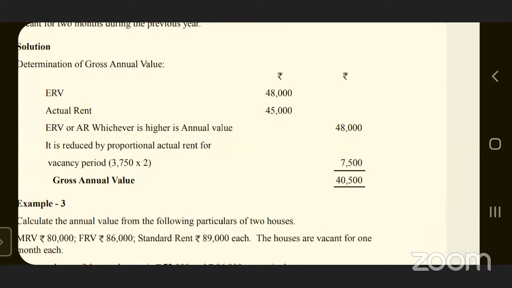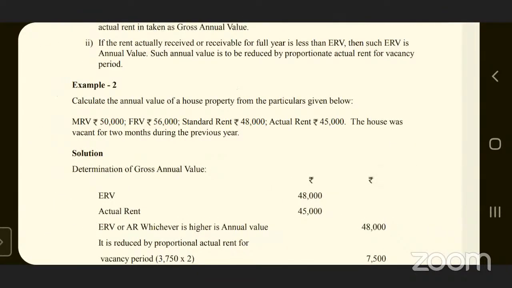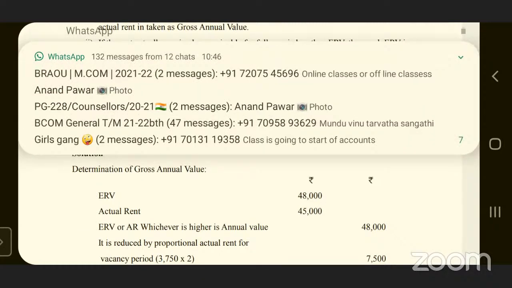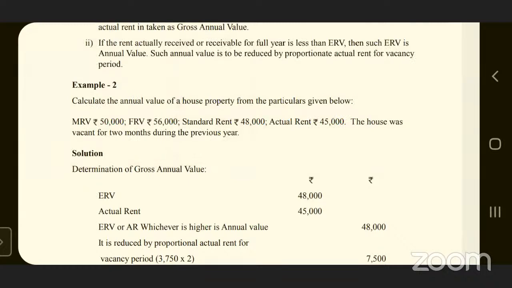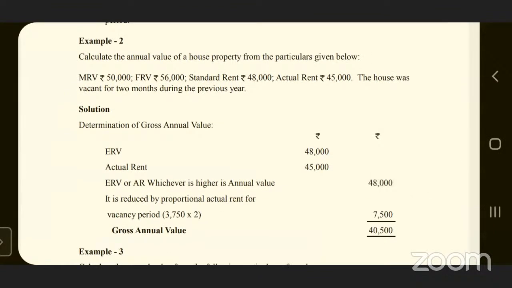So here is the adjustment. The house is vacant for 2 months. How can we compute the vacancy period rental value? Actual rent is 45,000. If you divide 45,000 by 12 months, you get 3,750 per month rent.